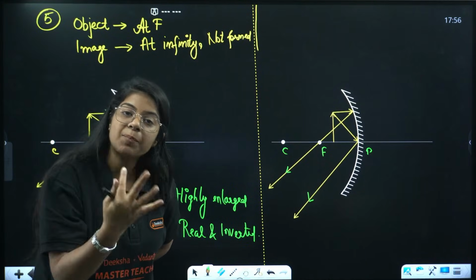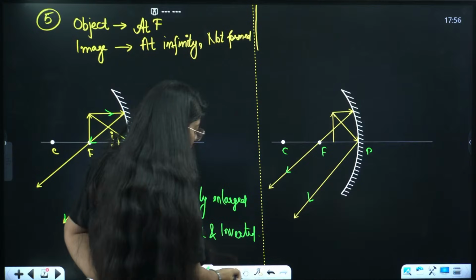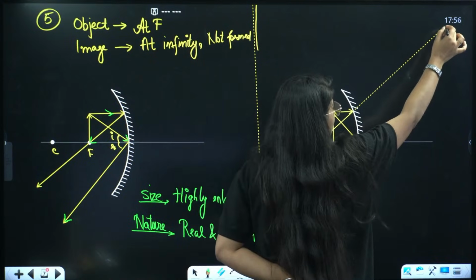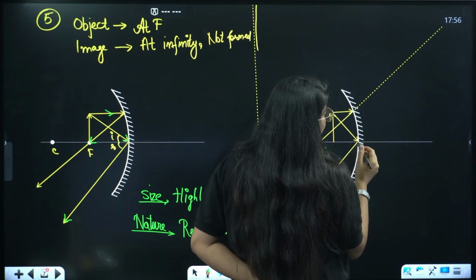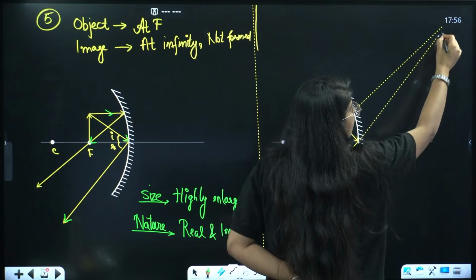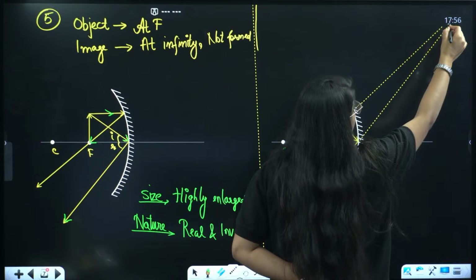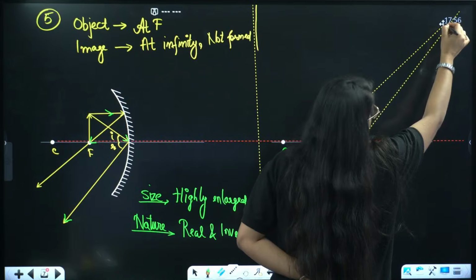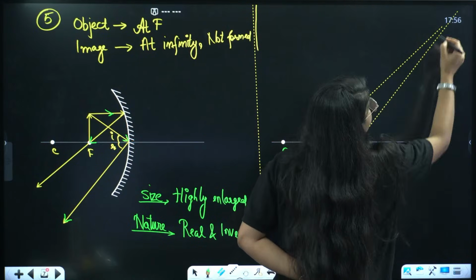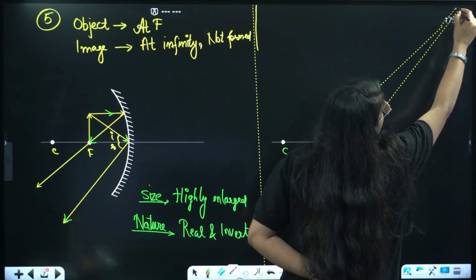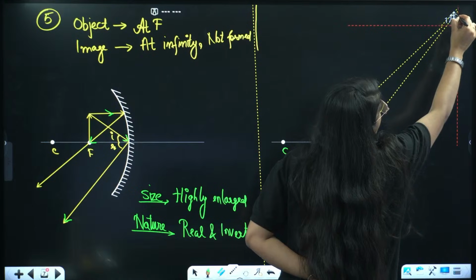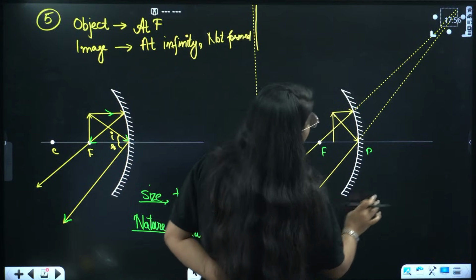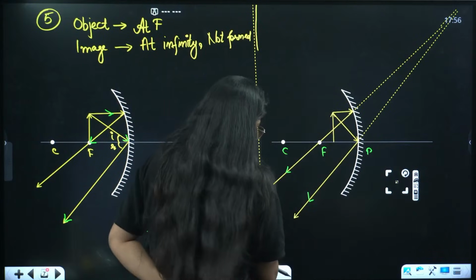So what happened here was that we extended this ray backwards. When we extended this ray backwards, we saw that the image was being formed behind the mirror. The image was forming behind the mirror, and we could clearly see that it is enlarged.